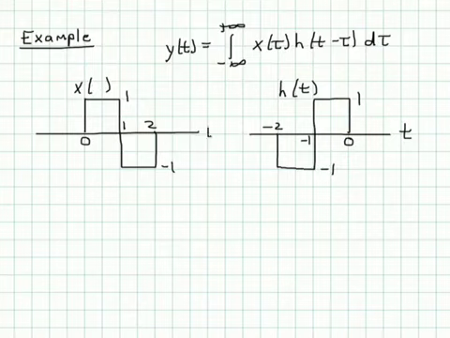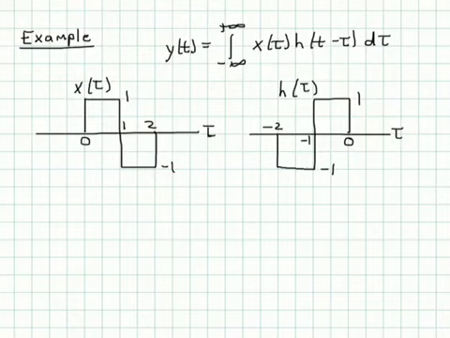So everywhere we saw t, now we replace that with tau. I've done it for x. Now let me do it for h, just erasing the t and replacing it with tau. I could make that tau a little bit clearer. So that's what we have.